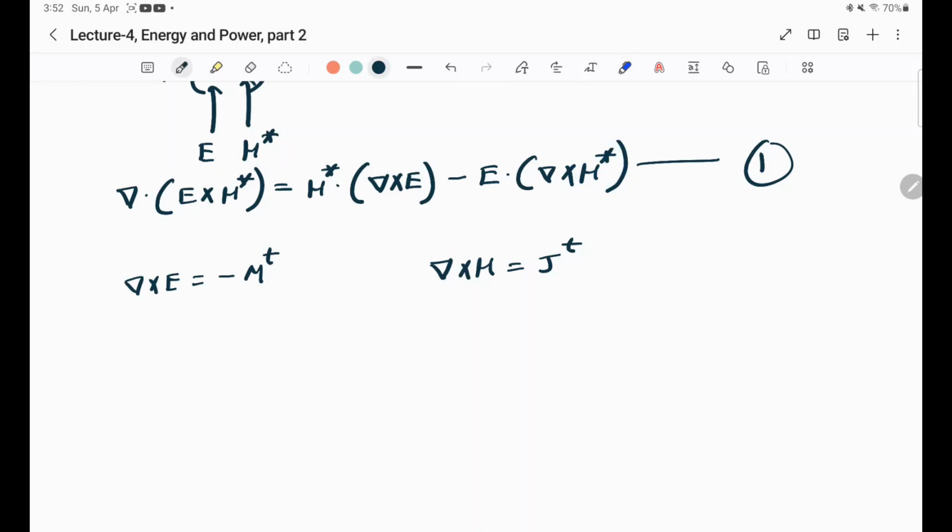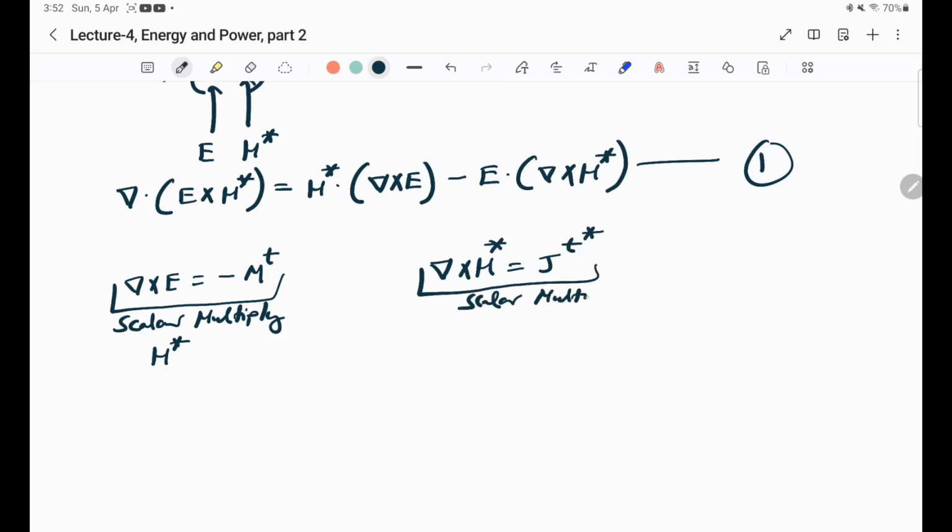Therefore we are going to make this H conjugate and this also J total conjugate, and we will do scalar multiplication with H star, and we will do scalar multiplication with E. Did you see the difference?